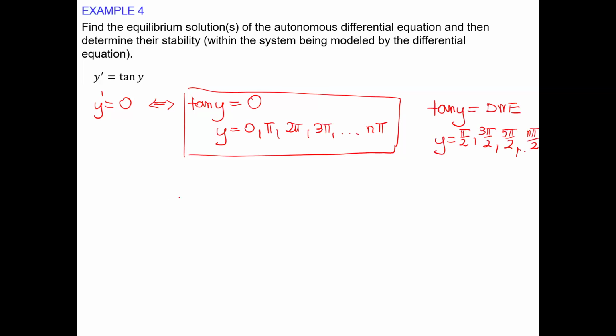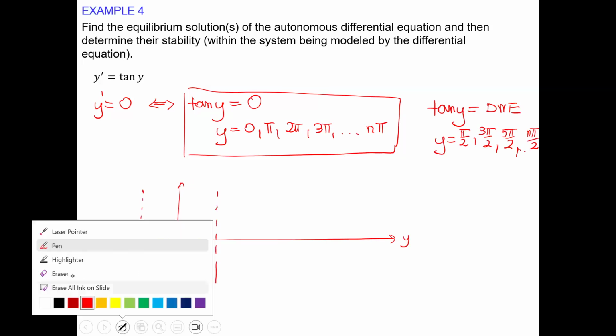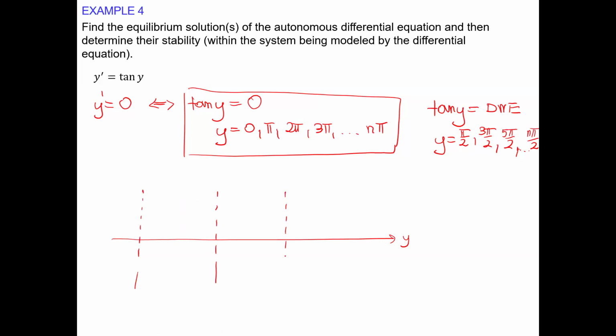Okay? Now let's draw maybe the graph of tangent of y, and we do have asymptotes. Let's keep this, let's treat this as a baseline.